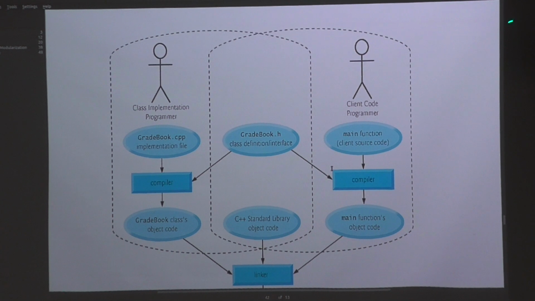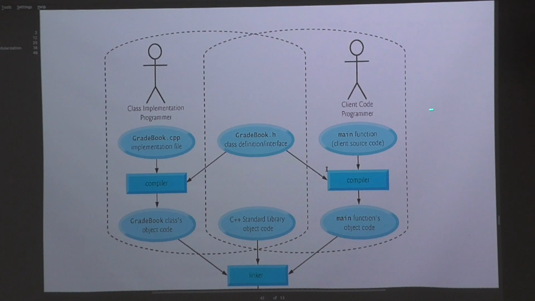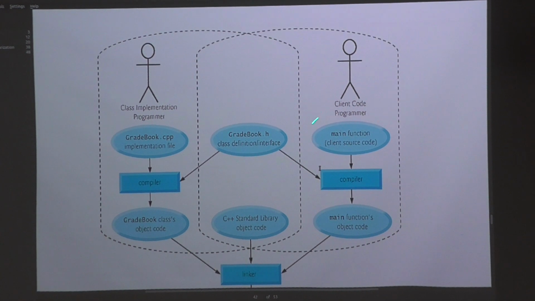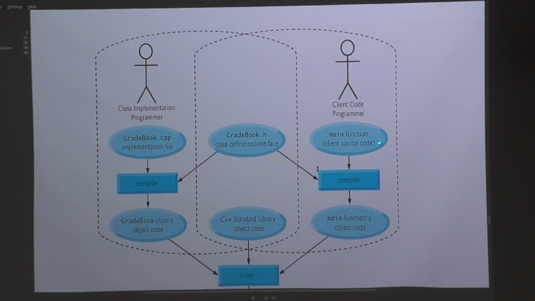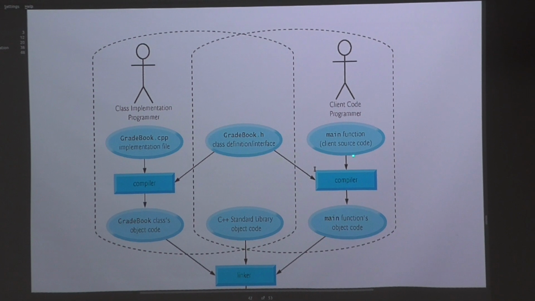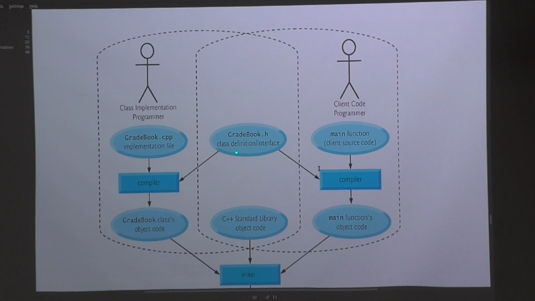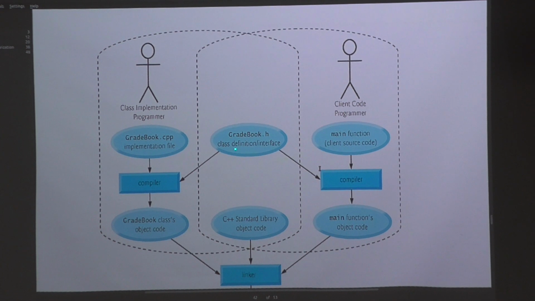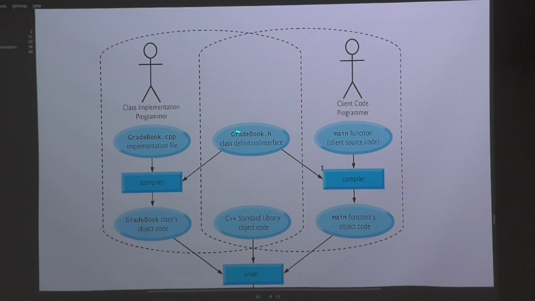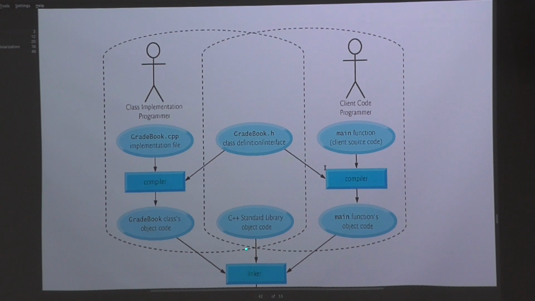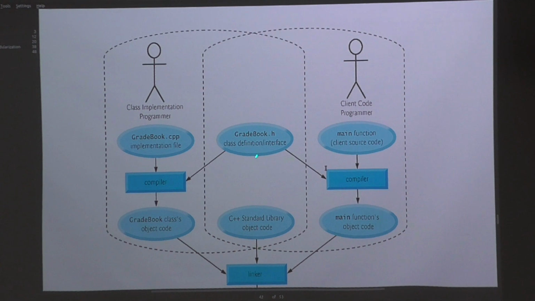We then have the client code programmer, who is our front-end developer. The client code programmer develops the main function, or client source code, right? Also using definitions included in gradebook.h, as well as the C++ standard library, of course.